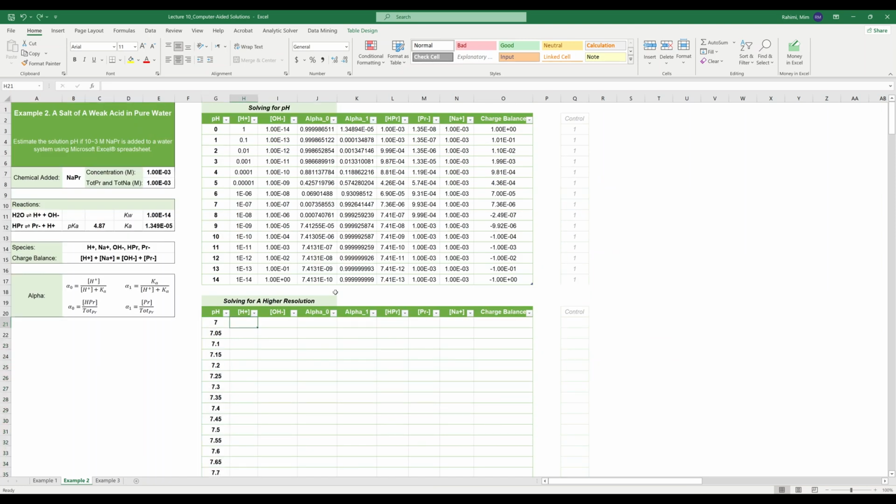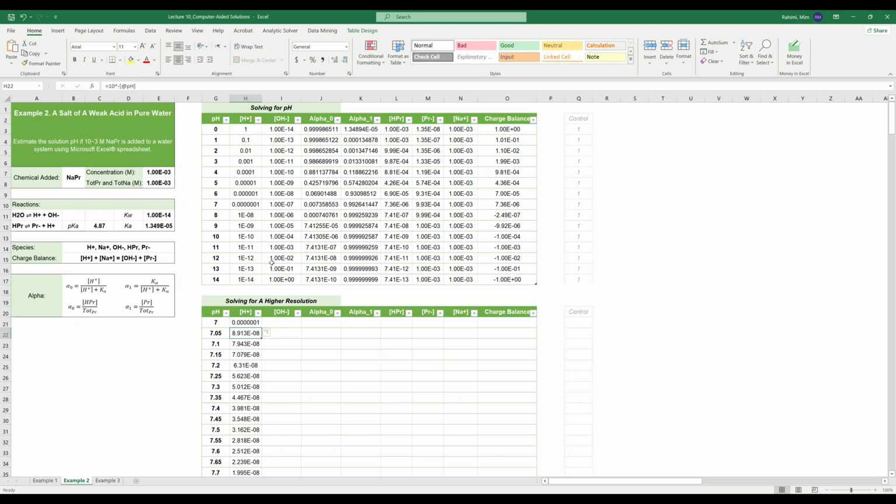Here we use the same thing as what we did in the first table. I'm just copying and pasting the formula from the top side, so we save a little bit of time here.